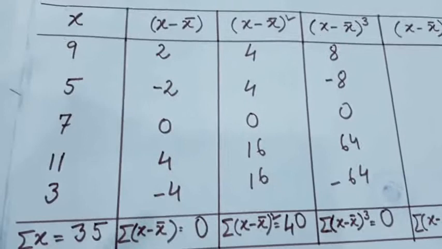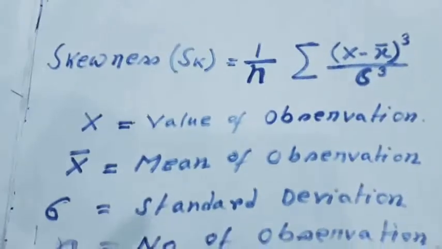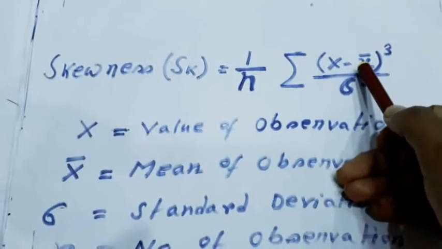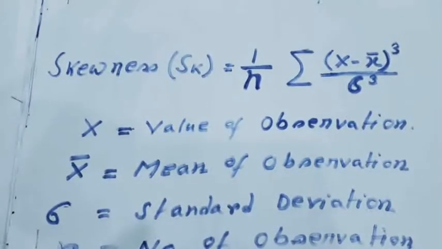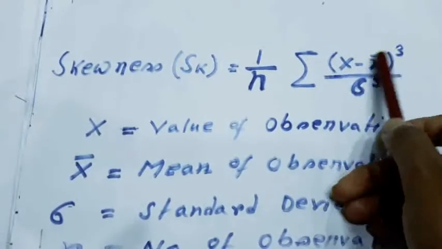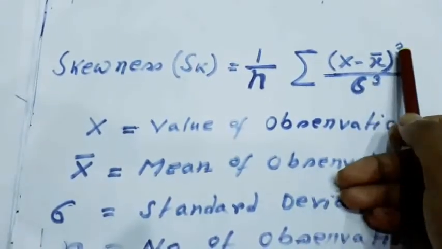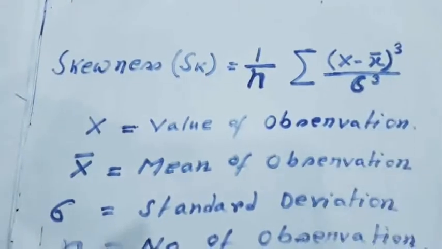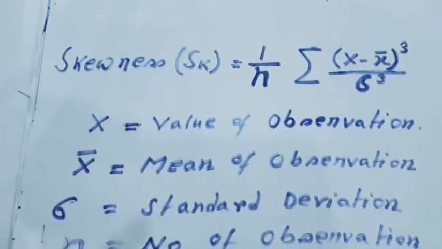So if we look back to the formula, x bar is 7, x minus x bar whole cube is 0, and sigma means 2 root 2.